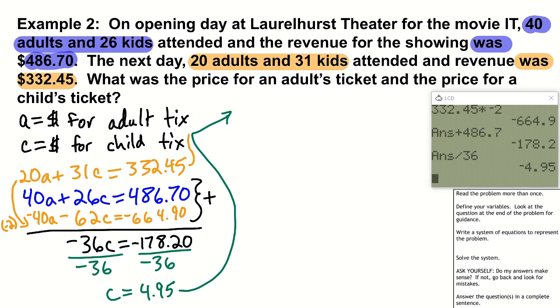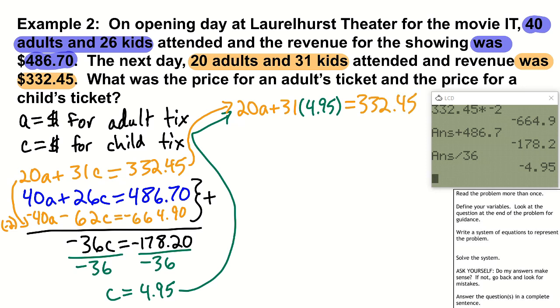All right, I'm going to take my original equation and I'm going to plug in 4.95 for C. So I have 20A plus 31 times 4.95 equals 332.45. And I could have used the other equation.